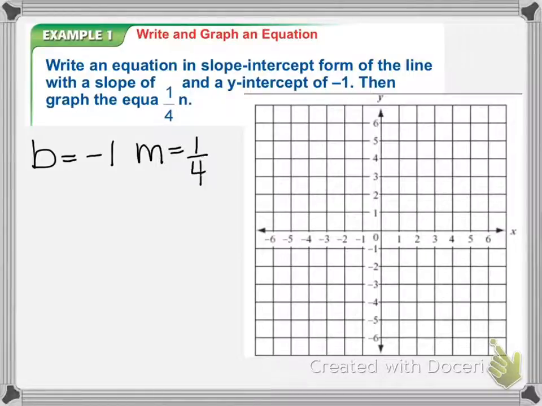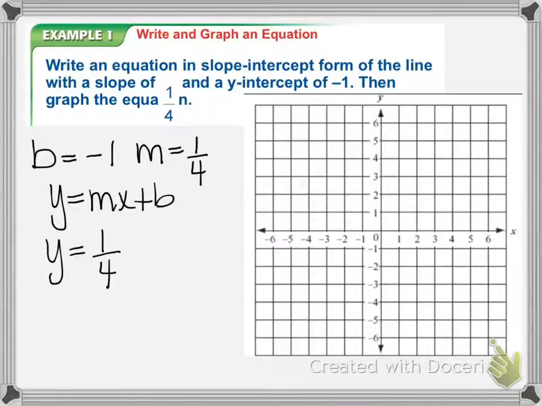Okay, they give you that in the problem. Now, all you have to do is plug that into the y equals mx plus b formula. So for m, you take the m out, put the 1/4 in. So you have y equals 1/4 x, and then instead of the plus b, you put what b equals. So that's -1. So there's your equation in slope-intercept form.